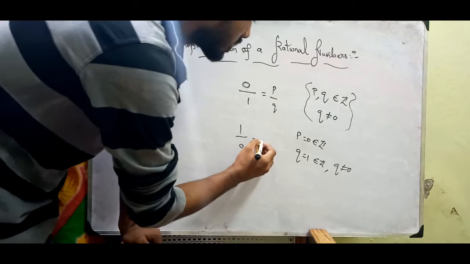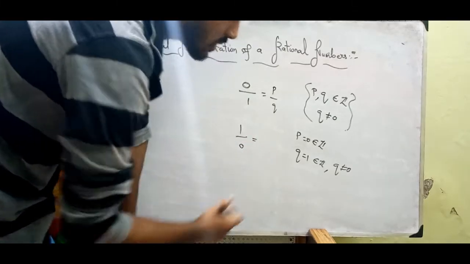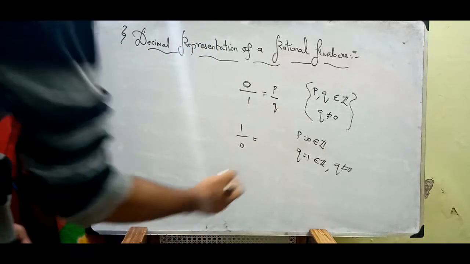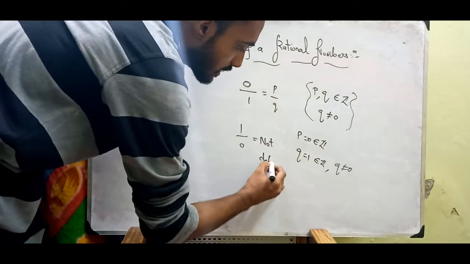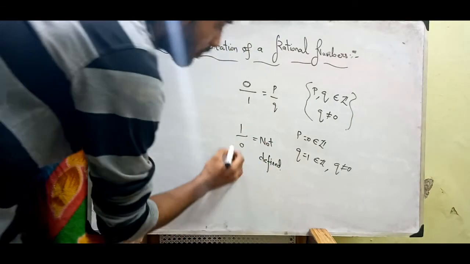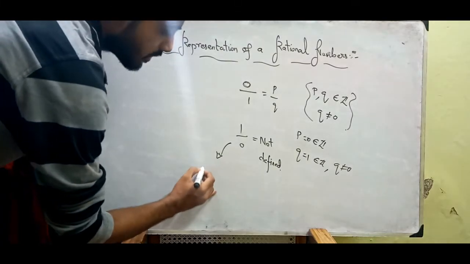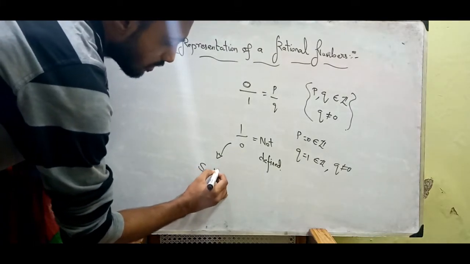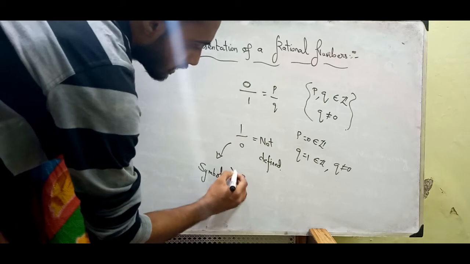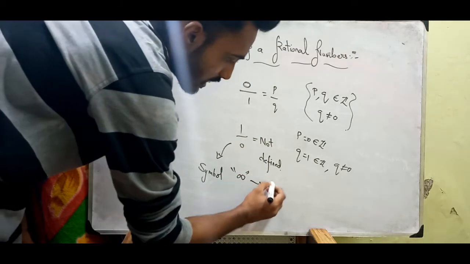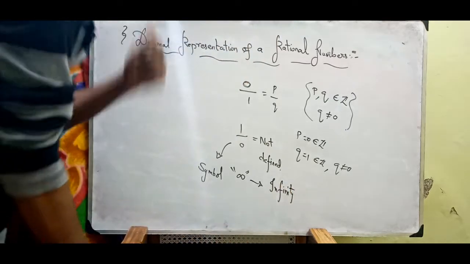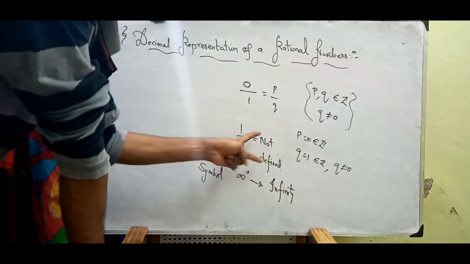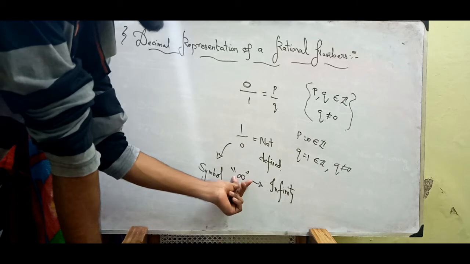We say this number doesn't exist, or is not defined, but often we call it by a symbol. This symbol represents infinity. We say either it is not defined or it is infinity.